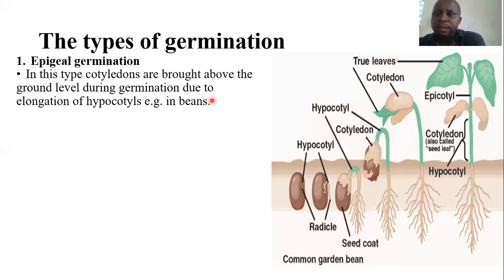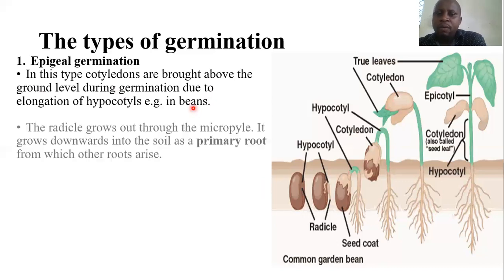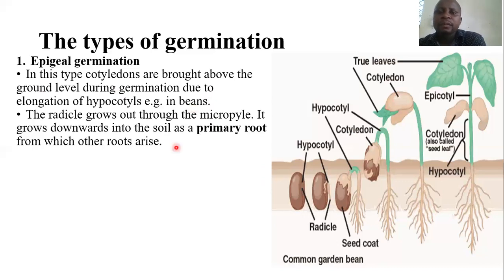This is due to elongation of the hypocotyle. This is very common in many dicotyledonous plants, e.g. beans. Now, what happens during the epigynous germination?